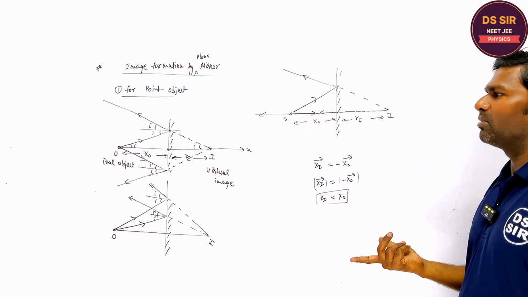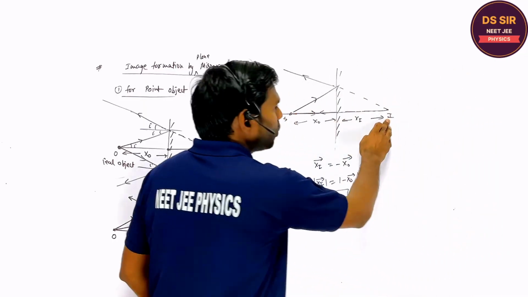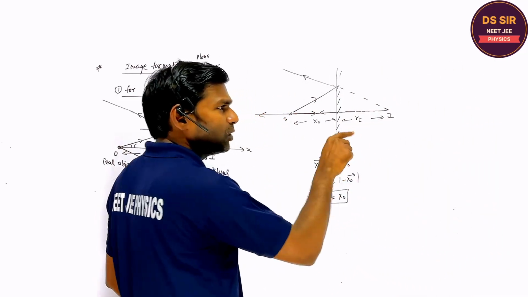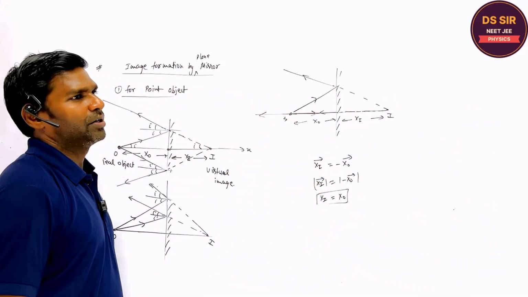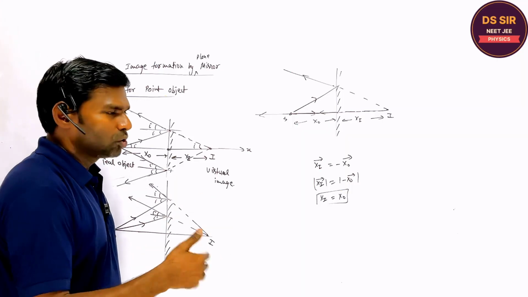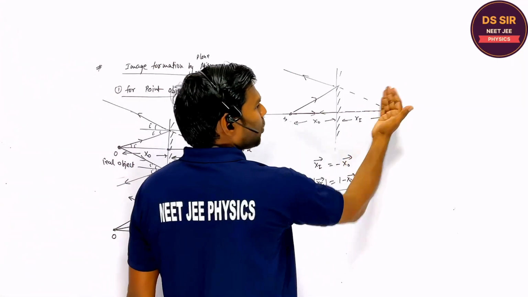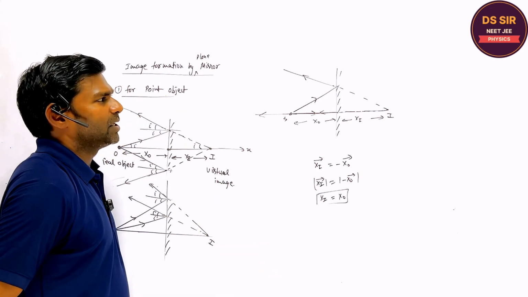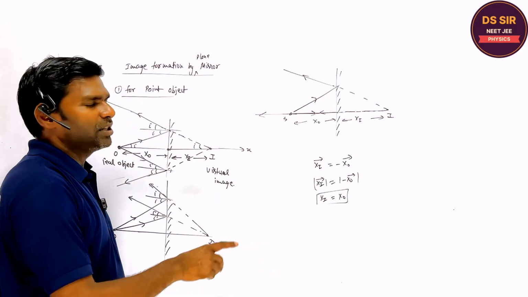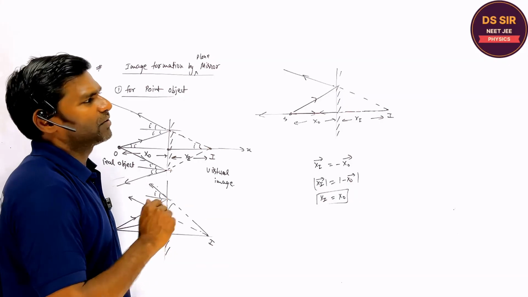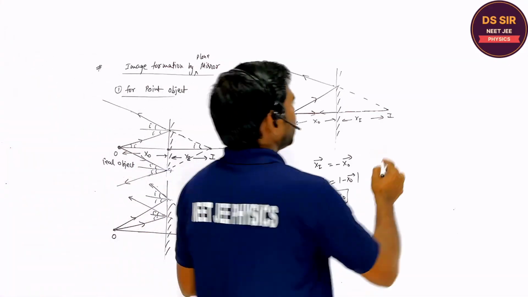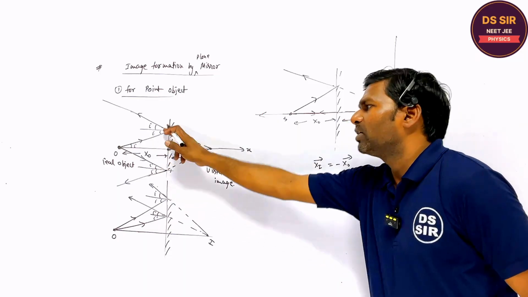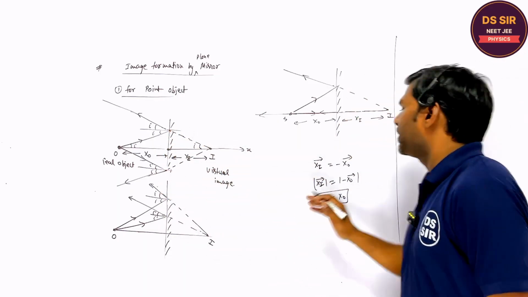And if you cannot touch the image by your hand, it is virtual. Or you can also say, if the image is obtained on the screen, then it is called the real image, otherwise it is a virtual image, right? For example, this is the case of the real object and the virtual image.